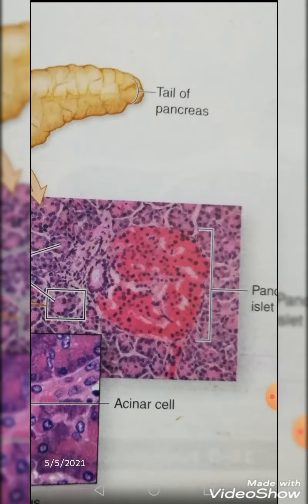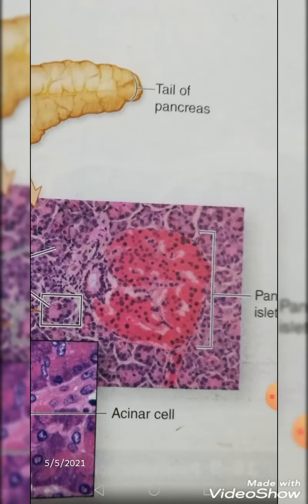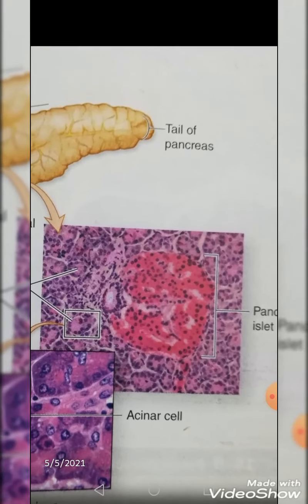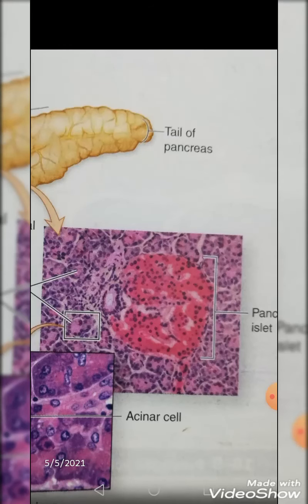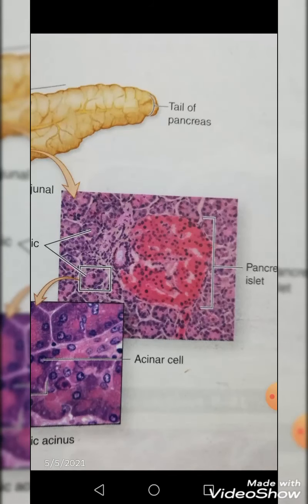They consist of almost 3000 pale staining polyhedral cells. Their size is larger than that of the cells of the acini, and they are irregularly scattered among the exocrine part of your pancreas, but they are present more numerously in the body and tail of the pancreas.